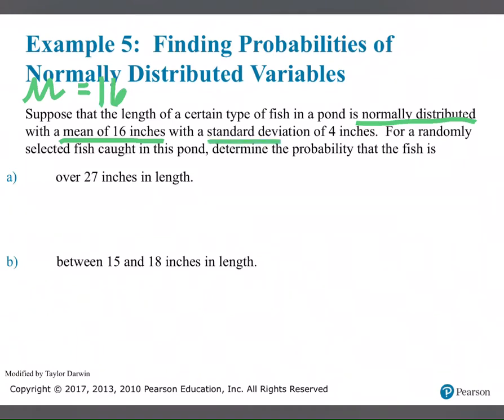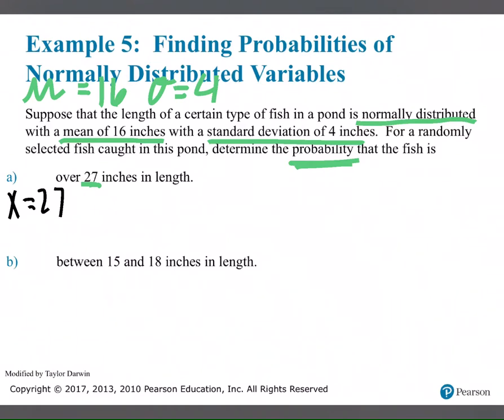And a standard deviation of 4, that's my sigma. For a randomly selected fish caught in the pond, determine the probability. It wants us to look up a value in that z-chart. So in this example, 27 is going to be my x. So x's could change, but your mean and standard deviation won't change.